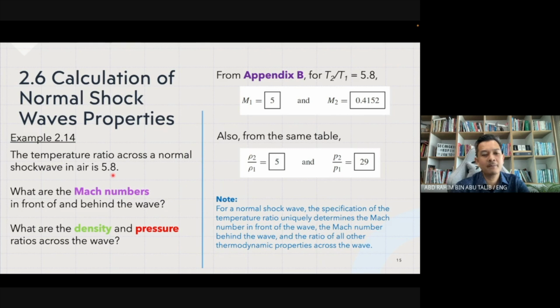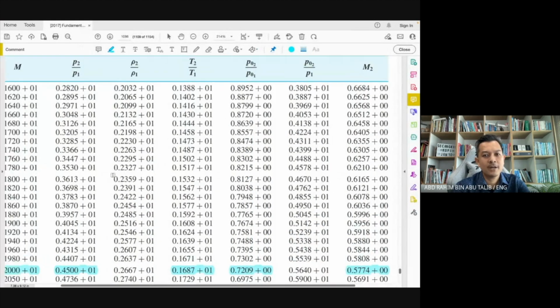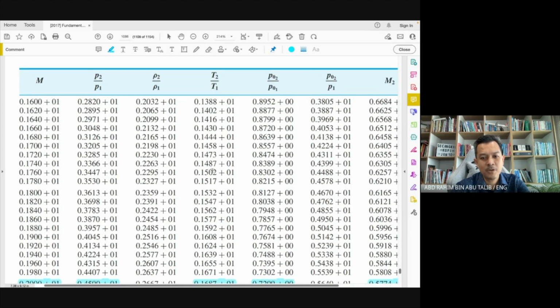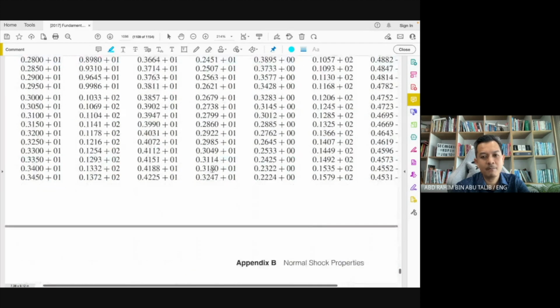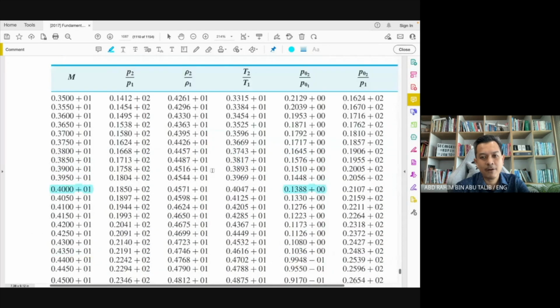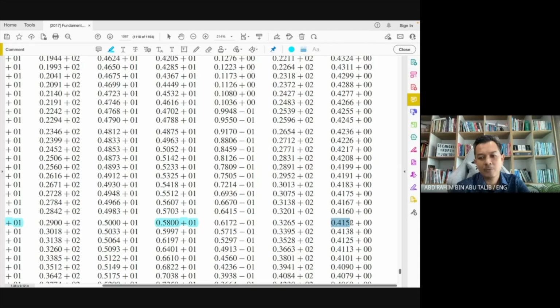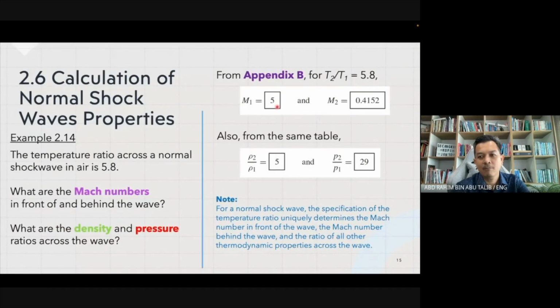So at the temperature ratio of 5.8, go to this Appendix B. We want to look at the temperature ratio, which is equivalent to 5.8. So basically we will stop there. Okay, so from there you will then get the corresponding Mach numbers M1, M2, and then from the same table, density ratio and the pressure ratio.